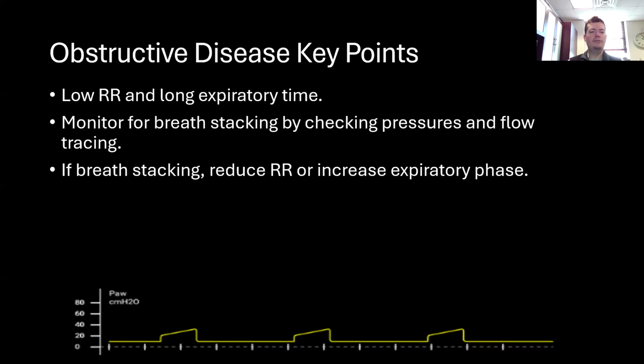Usually the flow is what's displayed. If you have a concern, you could easily check a plateau pressure. And if it looks like your patient is in fact breath stacking, go ahead and reduce the respiratory rate or increase the expiratory part of the I to E ratio to give that patient even a bit more time.